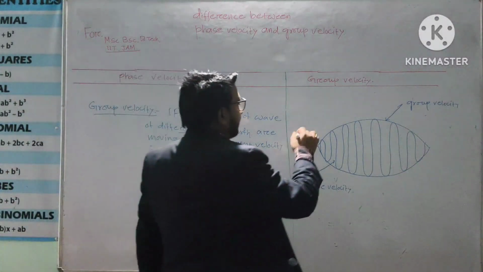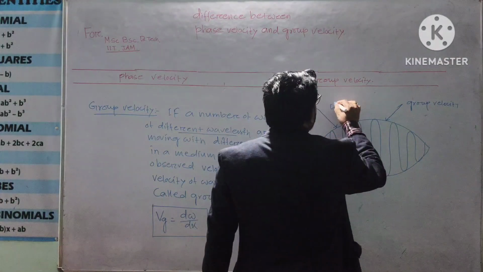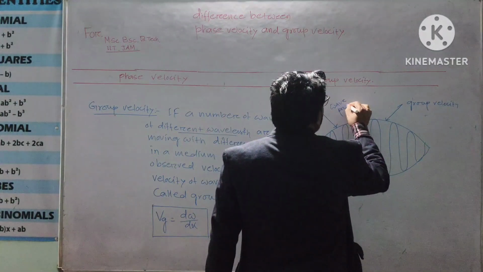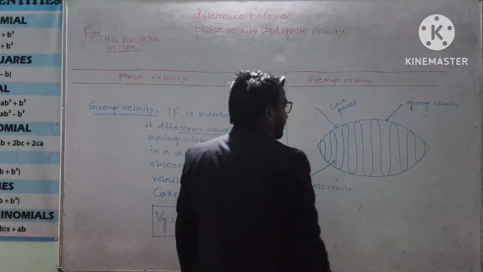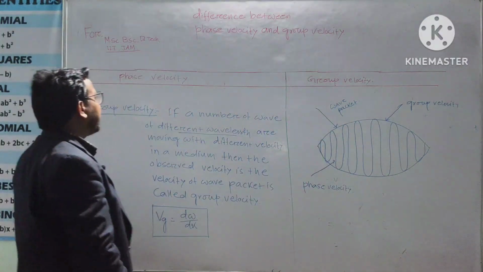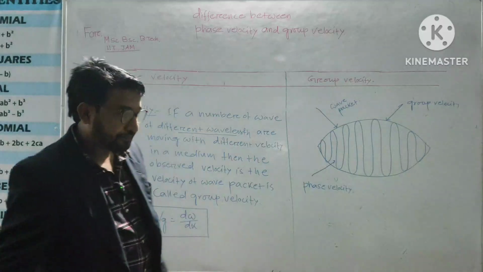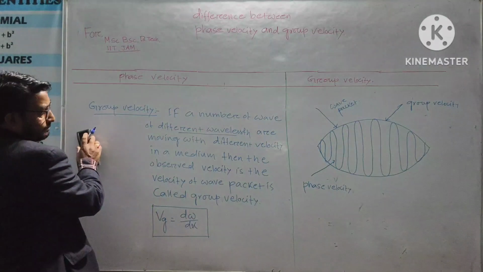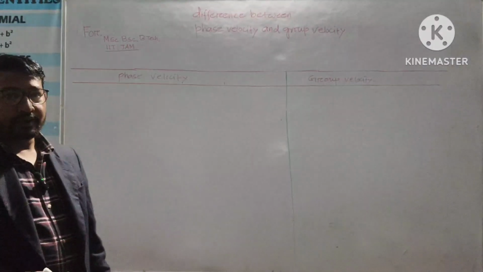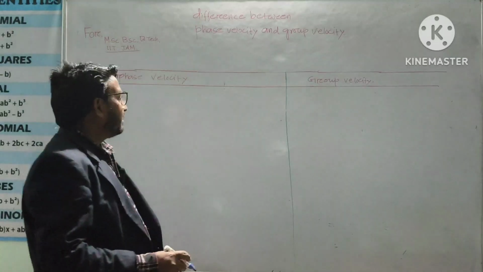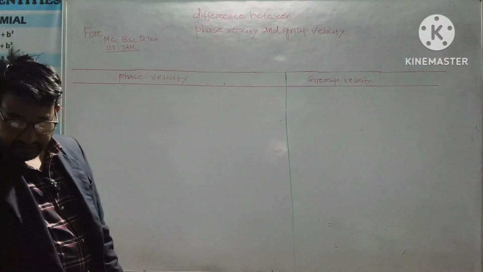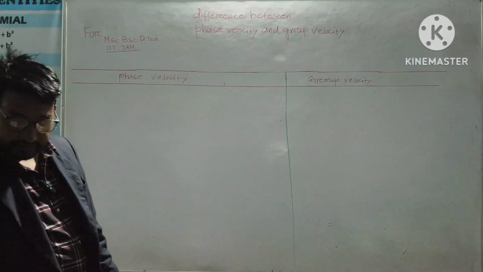This is called a wave packet. Now we are going to discuss the difference between phase velocity and group velocity.